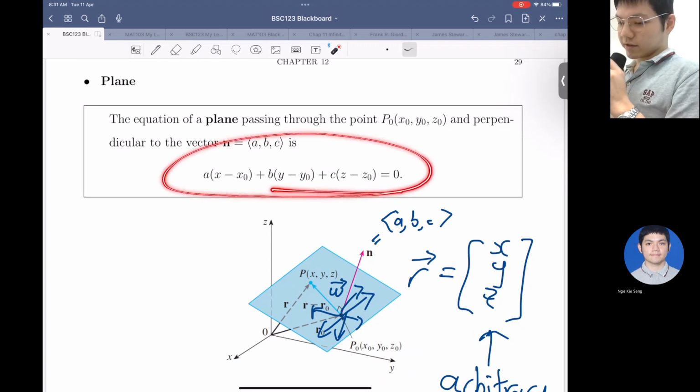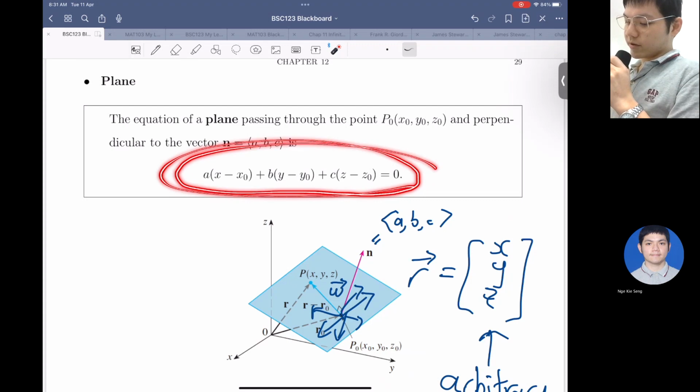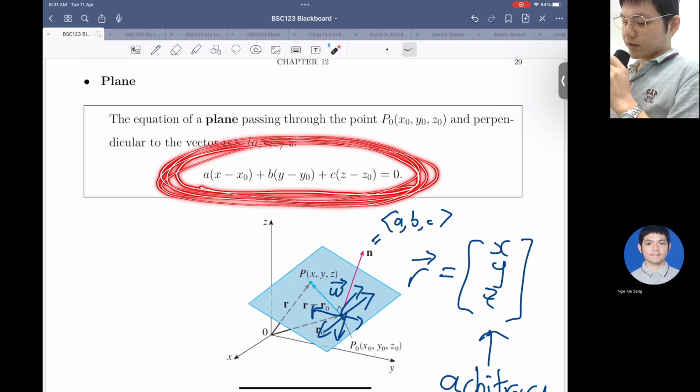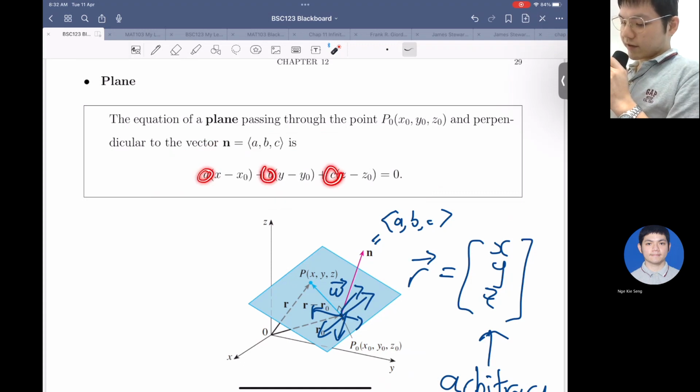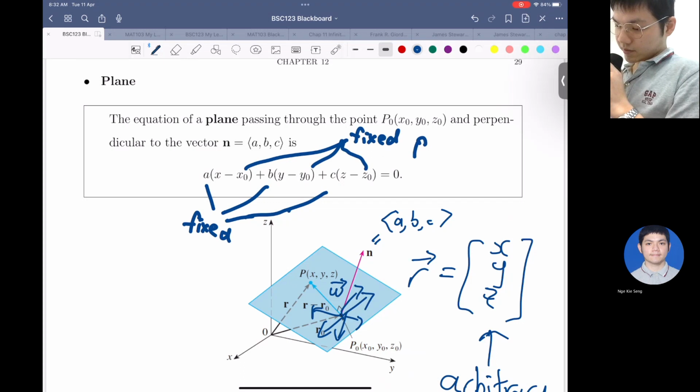So now you get this equation here. After you know all these things, you need to try to memorize or internalize this equation. A, B, C are fixed, some fixed numbers. This is a fixed point as well.